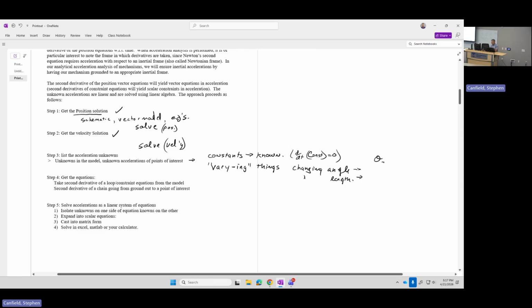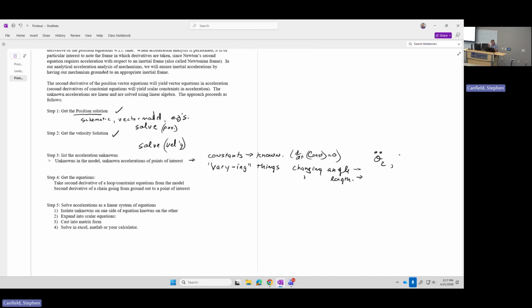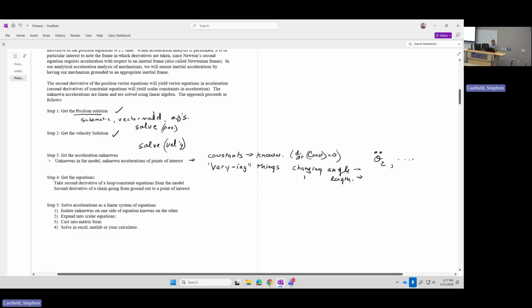They'll be like theta 2, and now they're in acceleration, so there'll be theta 2 double dots. I'm using the double dot notation to refer to the second derivative in terms of time. That's a scalar, the time rate change of this scalar term. I might have some length changes like R4 double dot. I'm just making up variables, so we'll list all those.